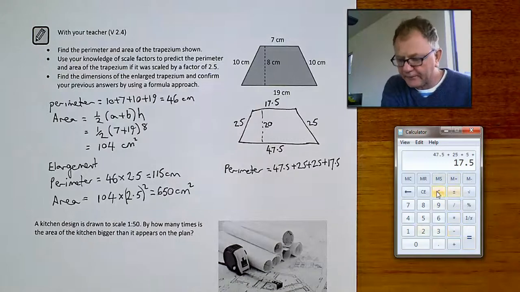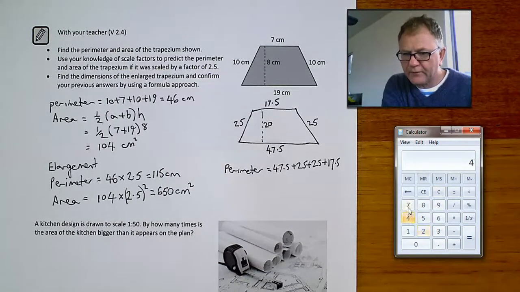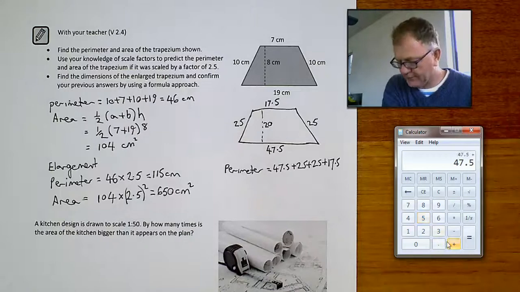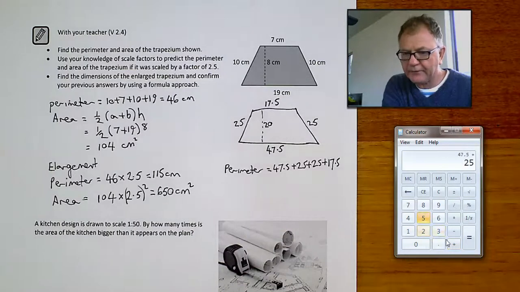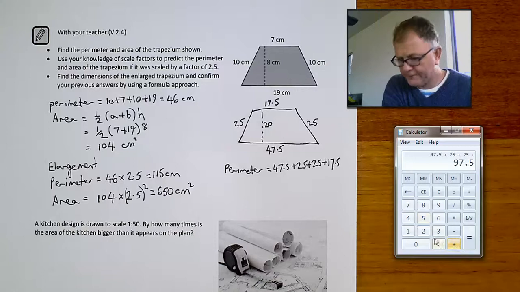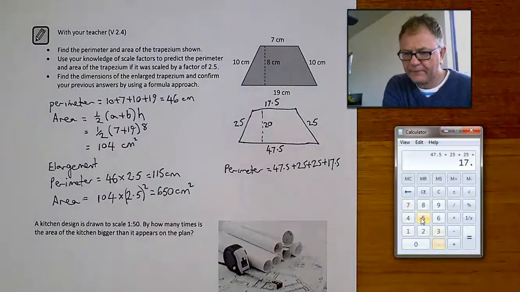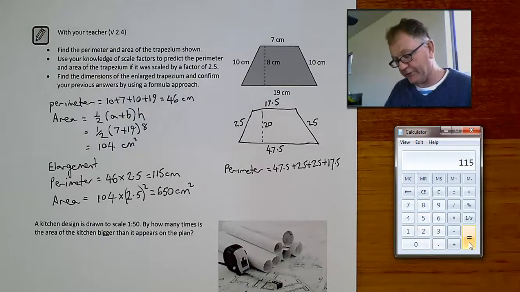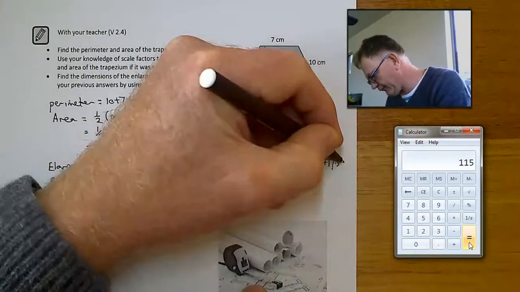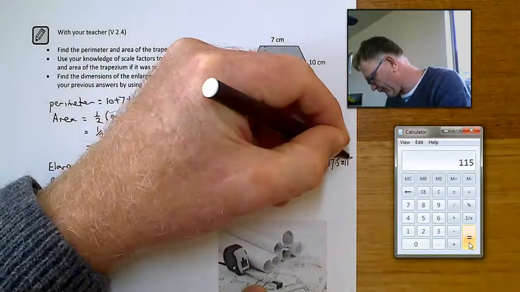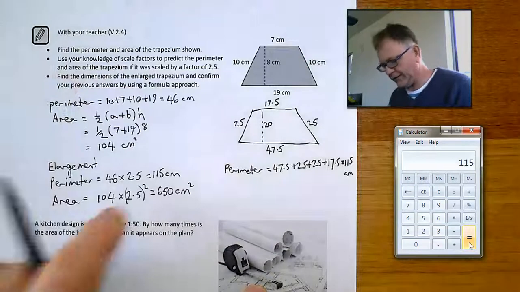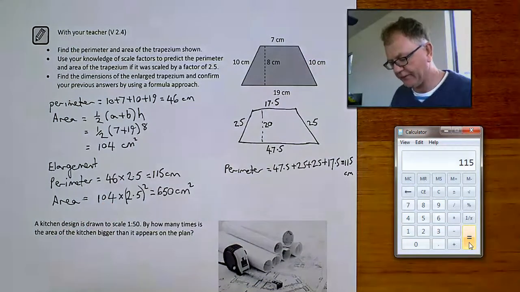Let's go again. 47.5 plus 25... I get 115 centimetres, exactly as we got before in our prediction.